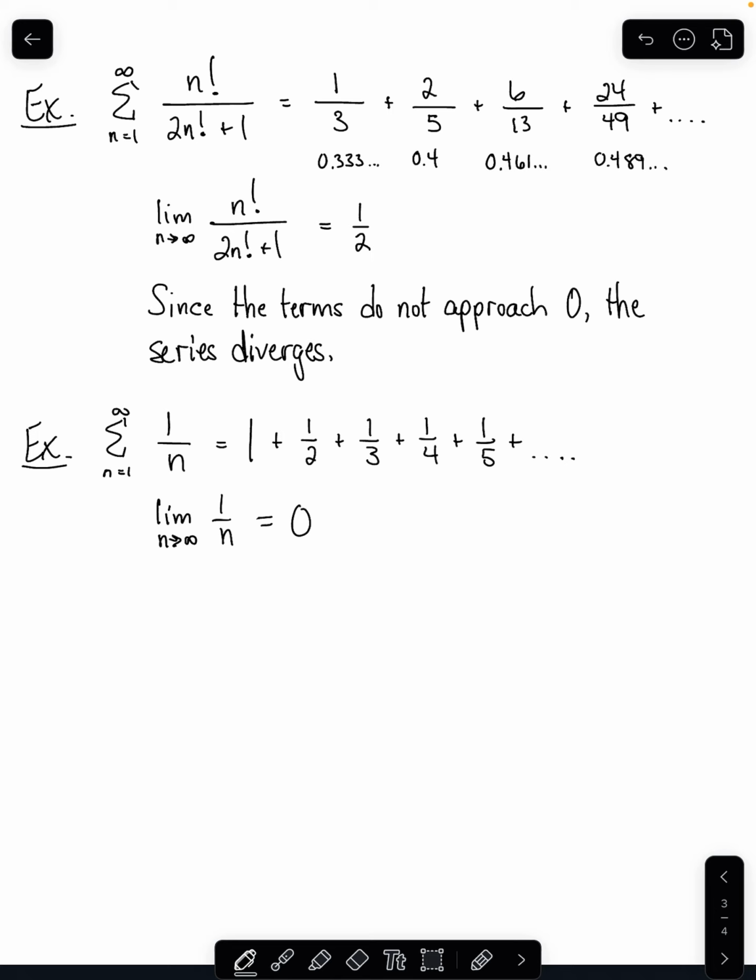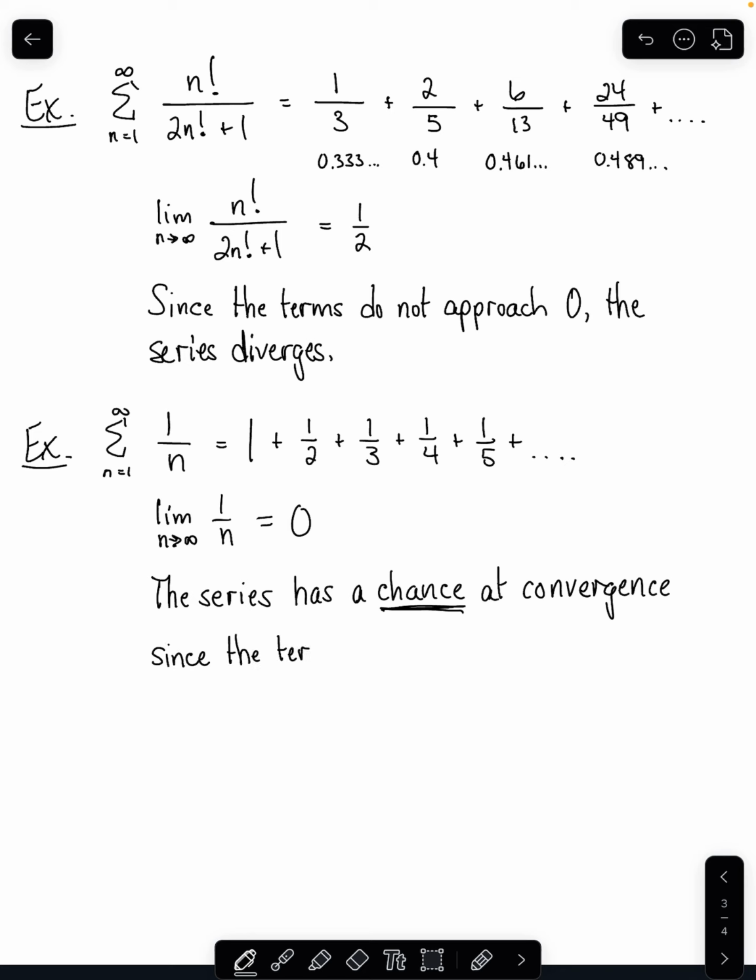So all this tells us is that the series has the chance at convergence. It does not conclusively tell us that it does converge, and it does not conclusively tell us that it does diverge. It only says that we have a chance at convergence since the terms approach zero.